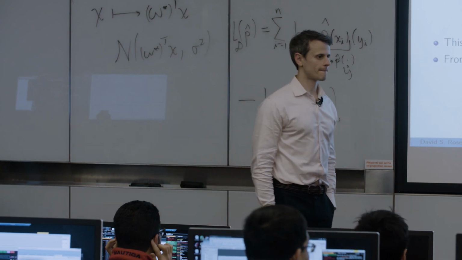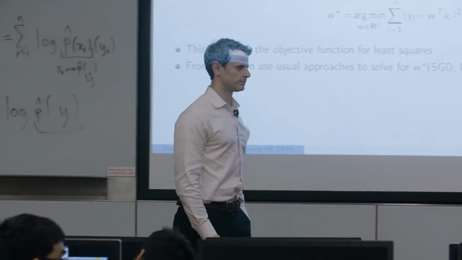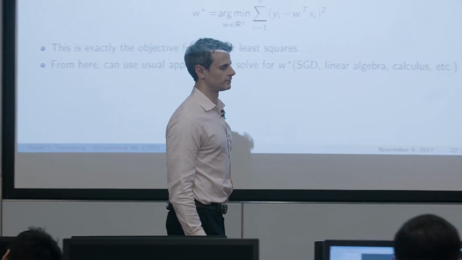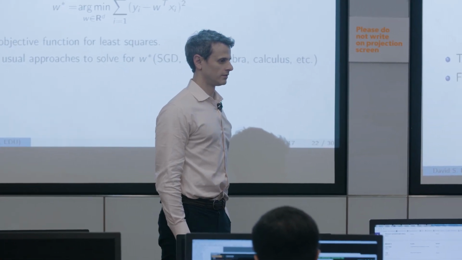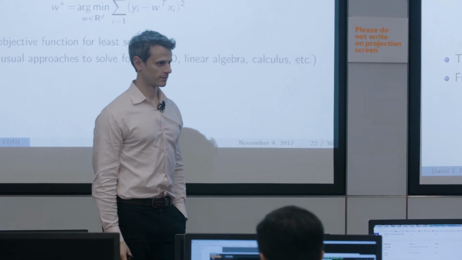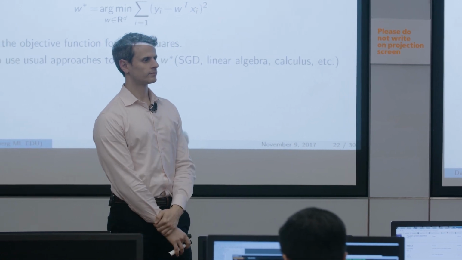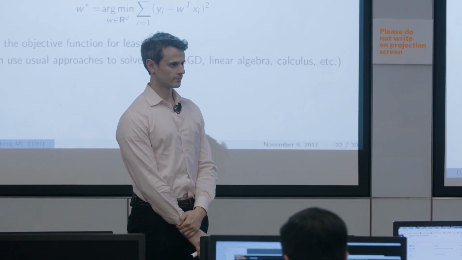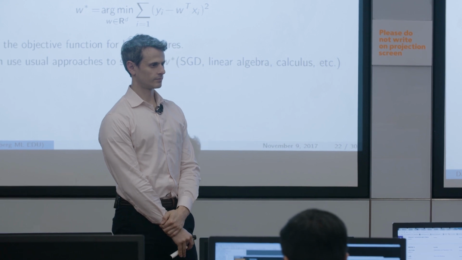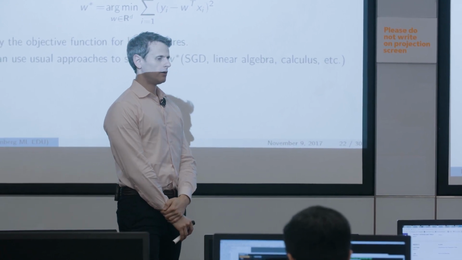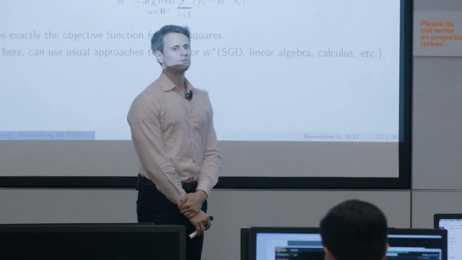Yeah? So when we have the expression for likelihood, the product of all the probabilities, when we go from a discrete distribution to a continuous distribution, do we use the PDF or the CDF in that product? OK, good question.